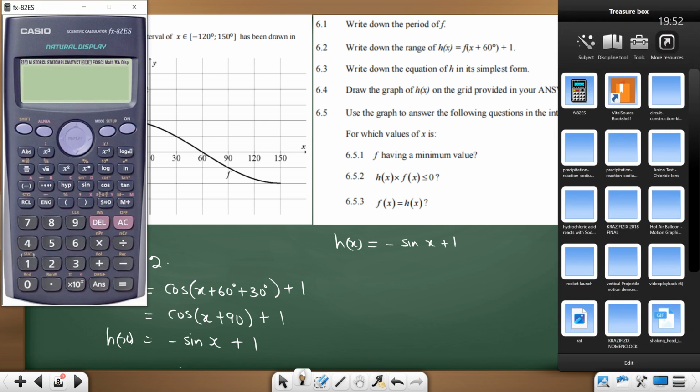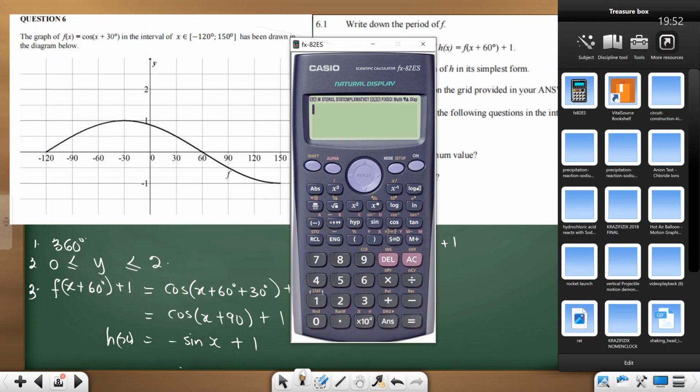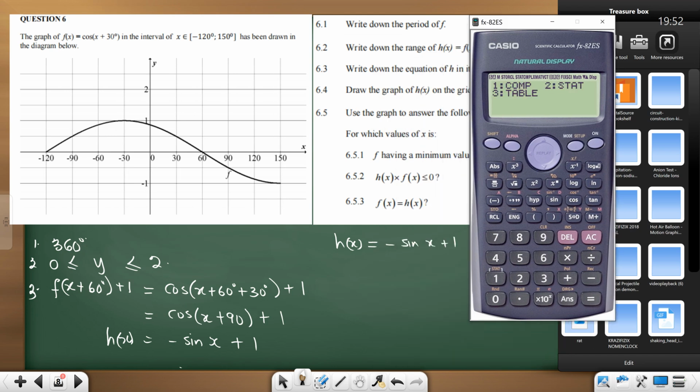Noku, my secretary, you remember? What do we do? Mode, table, negative sine x, we close the bracket, plus 1. You guys remember this? Where are we starting from? Negative 120.